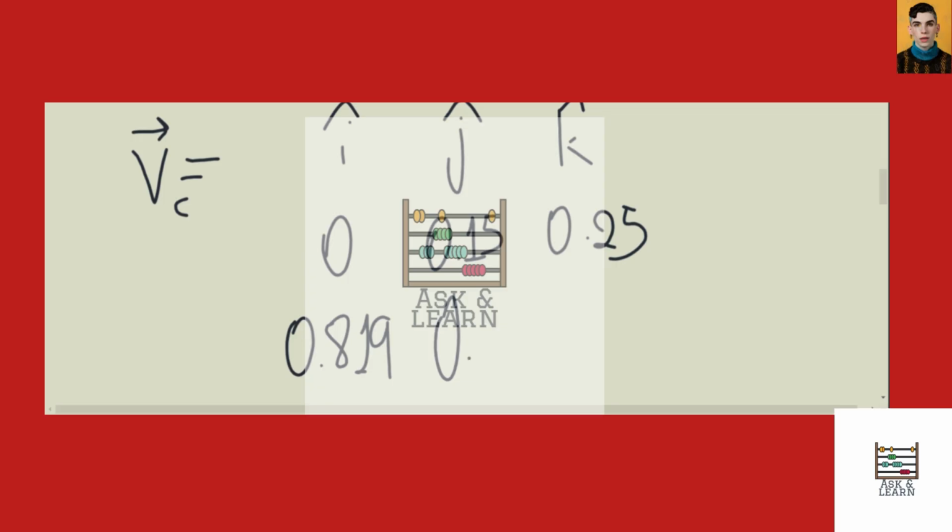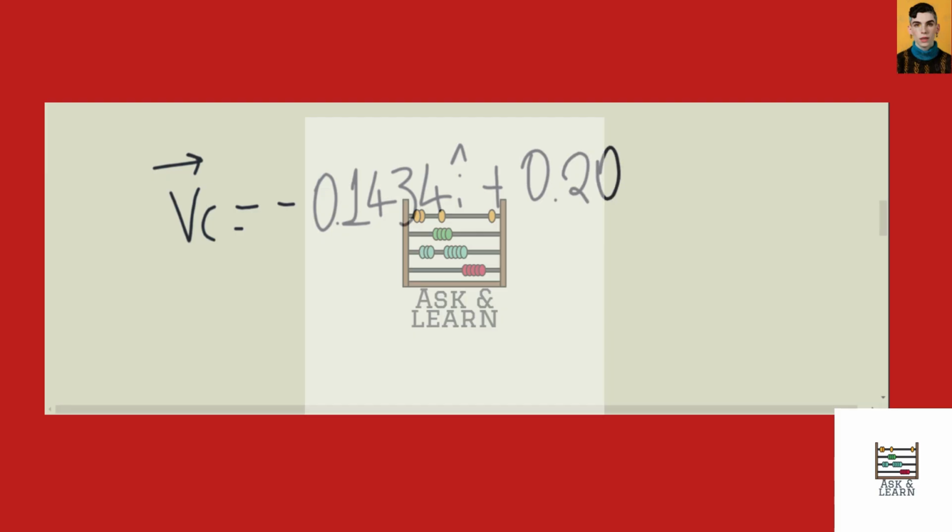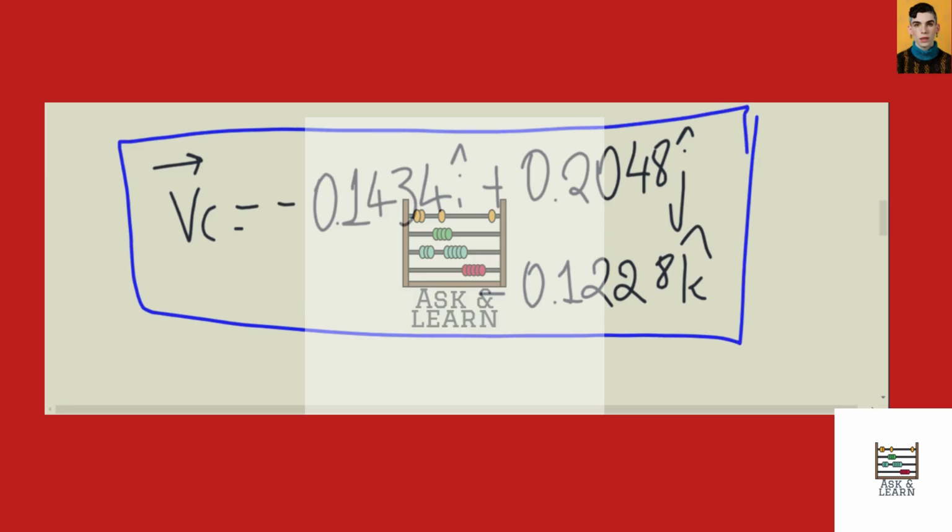After someone does the calculations, this gives us minus 0.1435 i hat plus 0.2048 j hat, 0.1228 k hat, and this is the answer for task B.